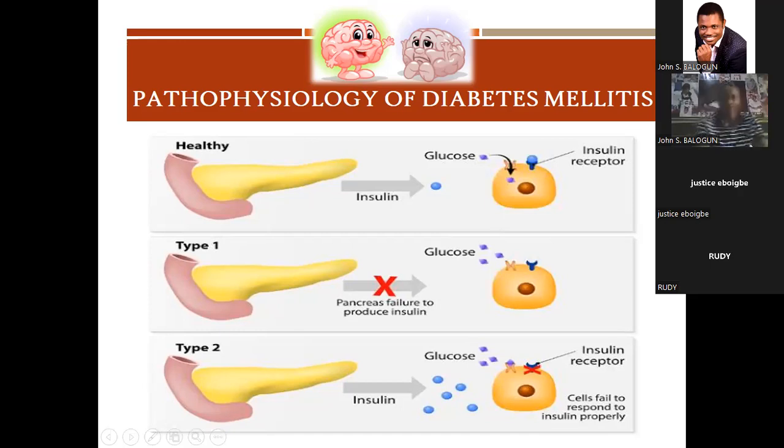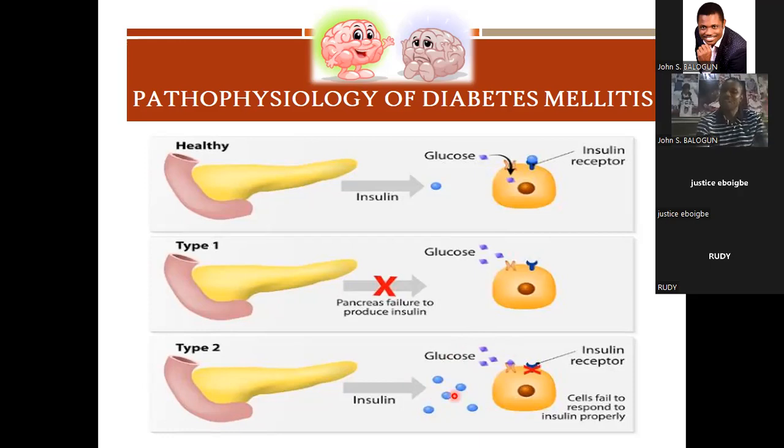Okay, so I hope you're able to get it better now. So we're talking about type 2 diabetes. The problem in type 2 diabetes is what I've just explained. There is insulin. In type 2, the beta cells, that is the islet cells of Langerhans, produce insulin.